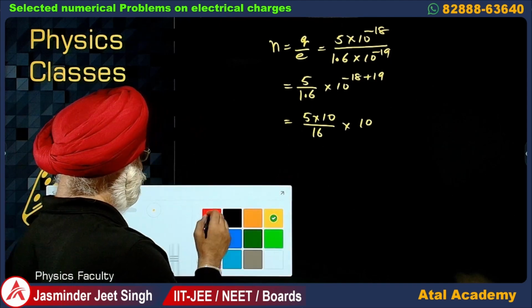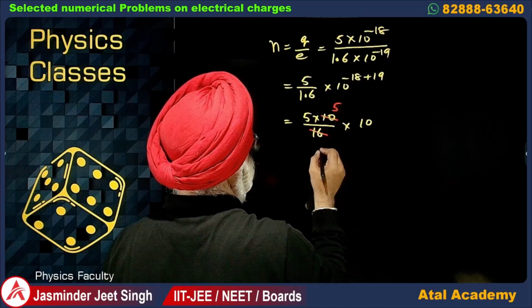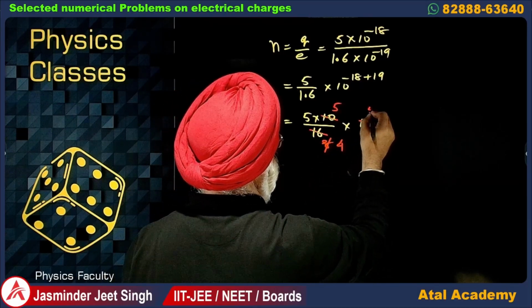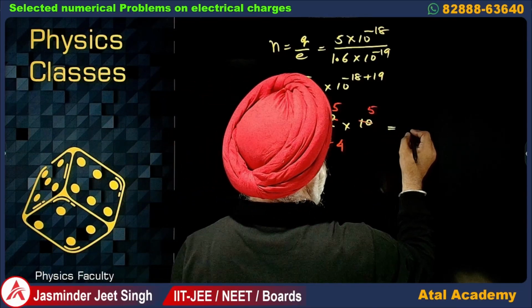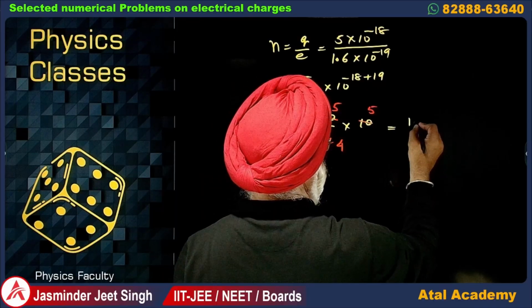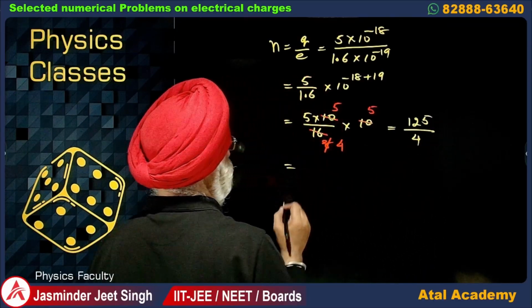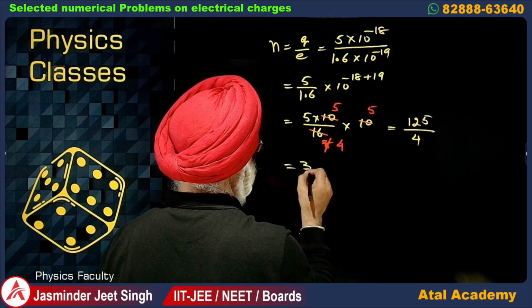We can solve this: 8 into 2 is 16, so it will be 5 into 5 into 5, which is 125 upon 4. And if you solve 125 upon 4, it will be 31.25.